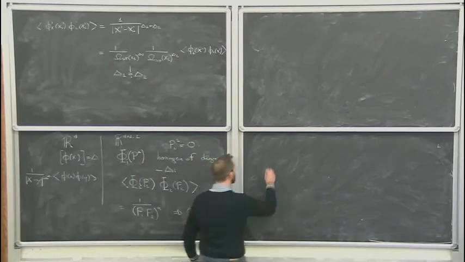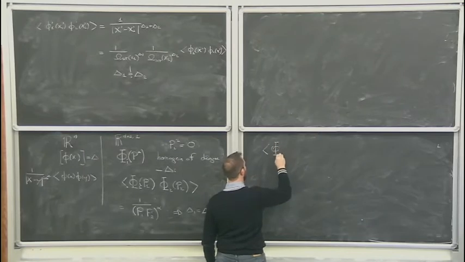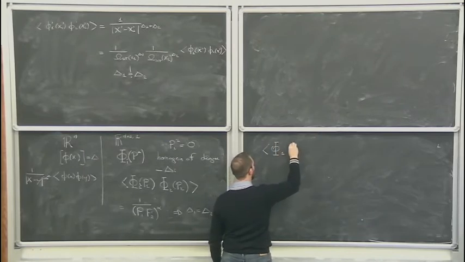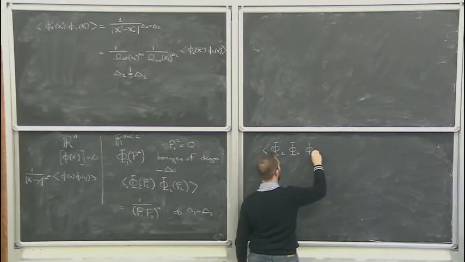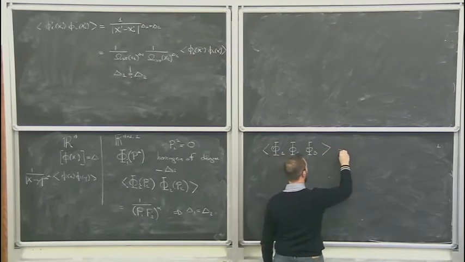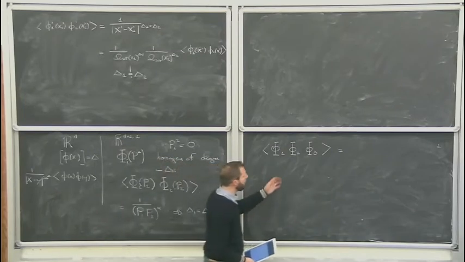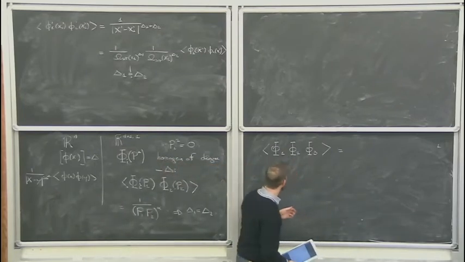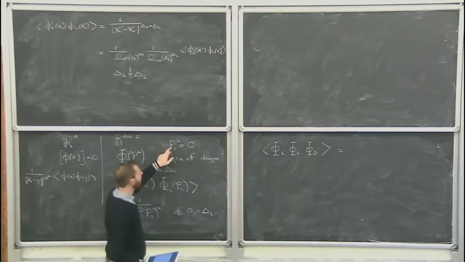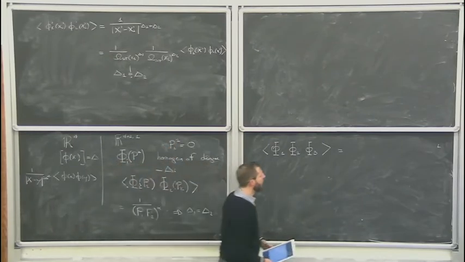If you go to the 3-point function, it looks exactly the same. So if you go to the 3-point function, phi 1, phi 2, phi 3. Generically, there can be different structures. Again, you cannot use squares of the momenta. You can only use combinations.